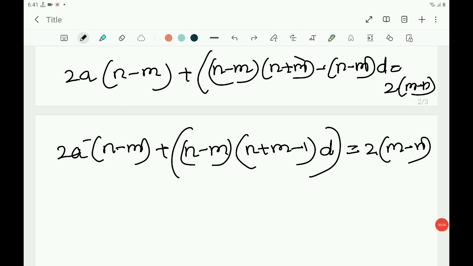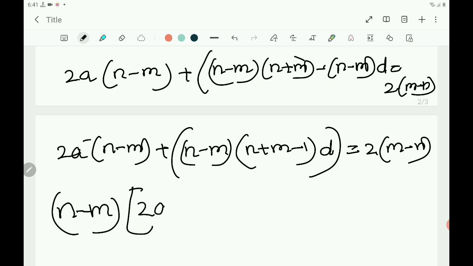Then out of these two terms you can observe n minus m is common, remove that outside. In the bracket what is remaining? 2a is remaining, plus n plus m minus 1 into d.